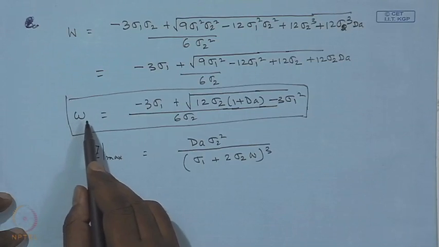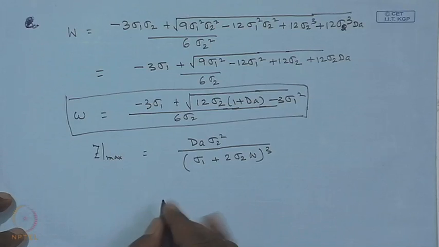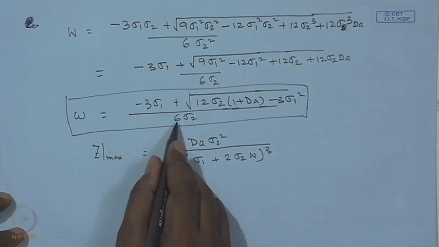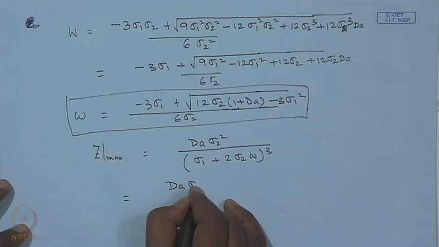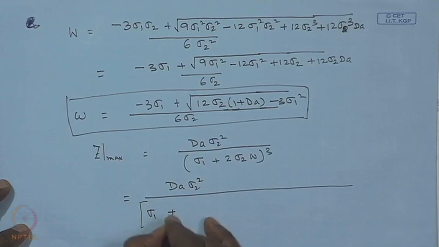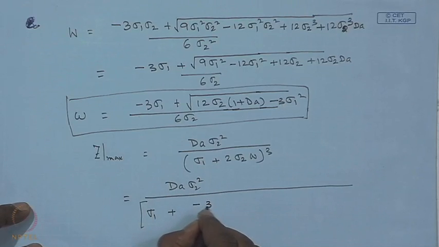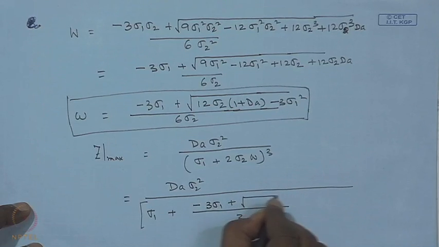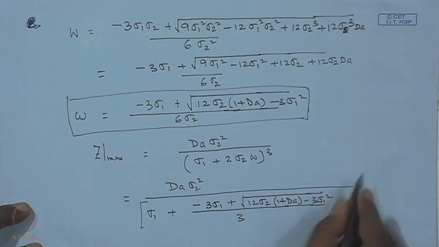So, it will be sigma 2 W, and sigma 2 W is nothing but 1 upon 3 of this thing. So, you will be having dA sigma 2 square divided by sigma 1 plus 2 sigma 2 W. So, it will be minus 3 sigma 1 plus root over 12 sigma 2 into 1 plus dA minus 3 sigma 1 square.